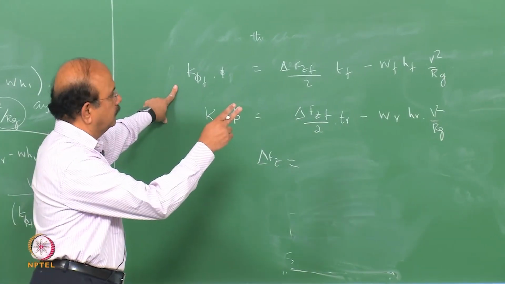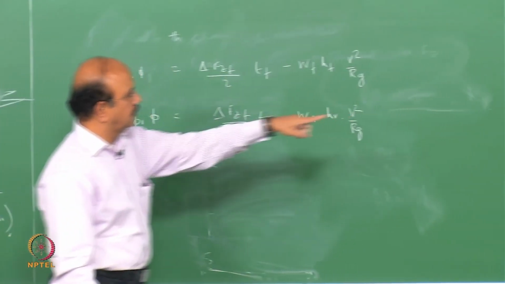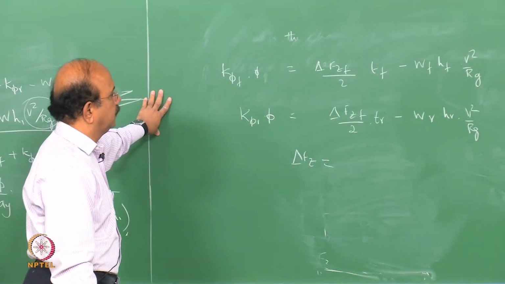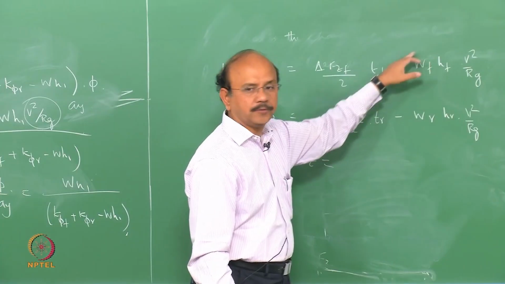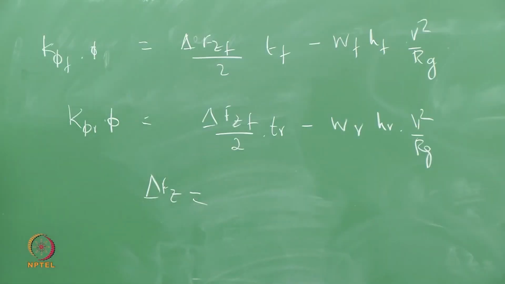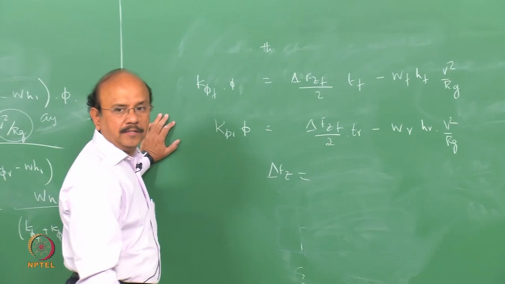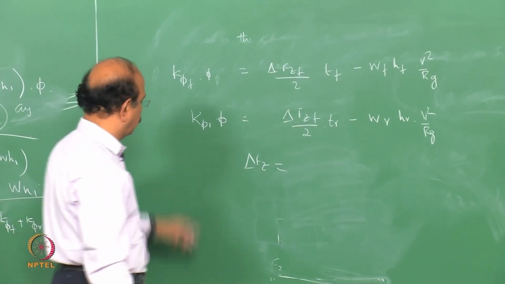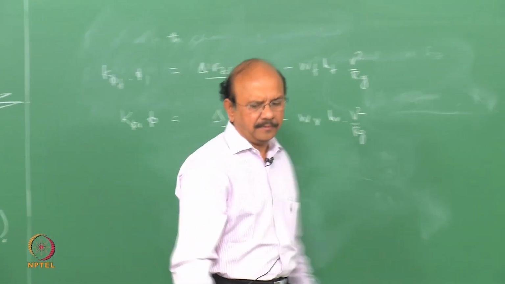That's the last term, the Fy into h by t. So I have substituted Fy in terms of WF into V squared by RG. So delta F z by 2 is what I call F z outer minus F z inner.